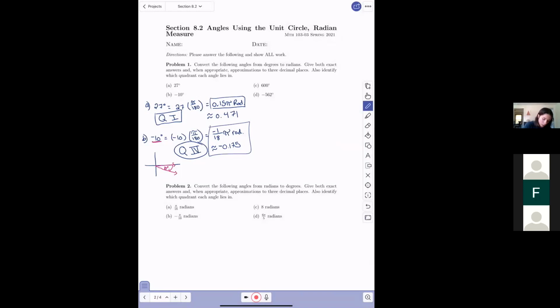Okay, moving on to C. C, our degree is 600 degrees. That's equal to 600 times pi over 180, which 600 divided by 180 is 10 over 3 times pi radians.